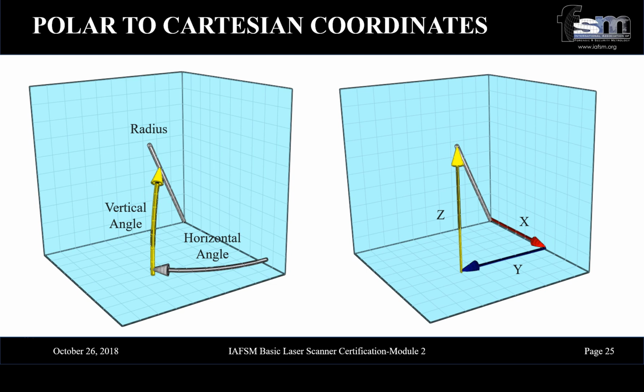So understanding XYZ components is easy to sort of rebuild in CAD programs and things like that, and some people can imagine it a little bit easier. So we use the Cartesian coordinate system, but understand that all the measurements are originally captured in a polar coordinate system.